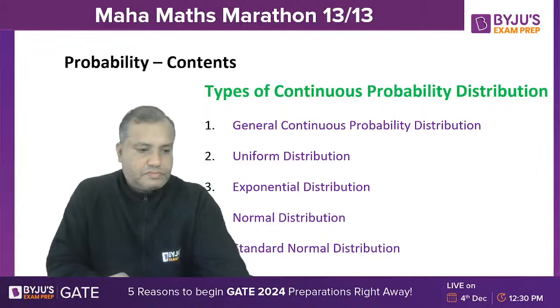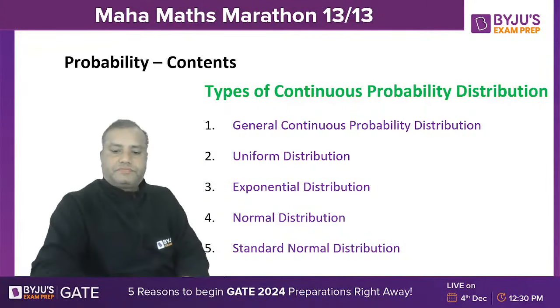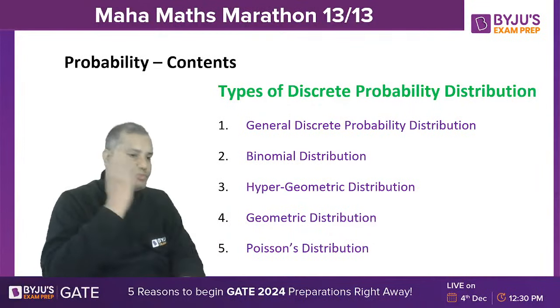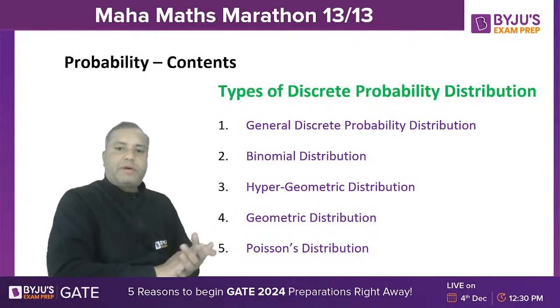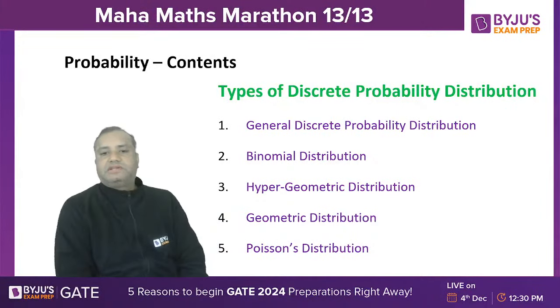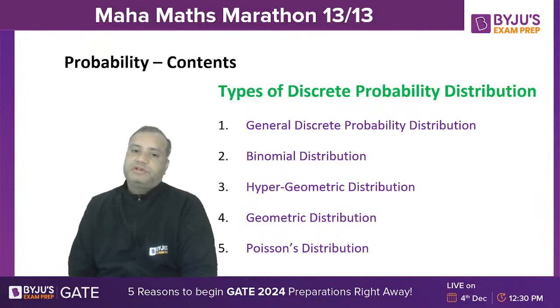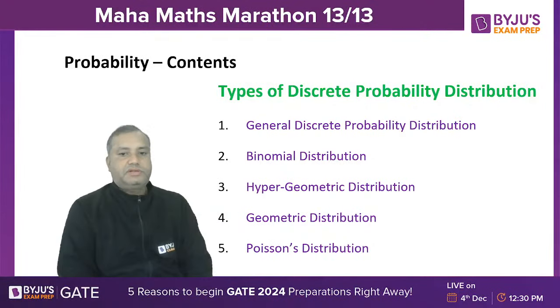So students, the various discrete probability distributions relevant for your exam are general discrete probability distribution, binomial distribution, hypergeometric distribution, geometric distribution, and Poisson's distribution.